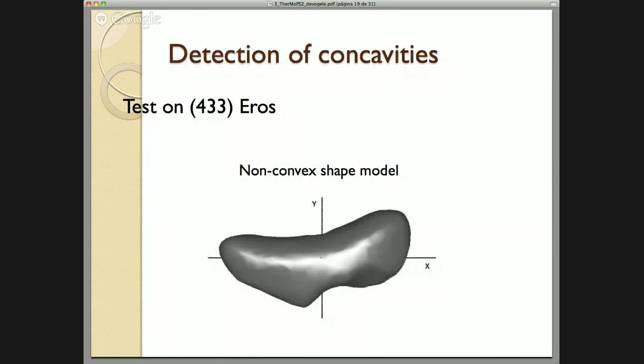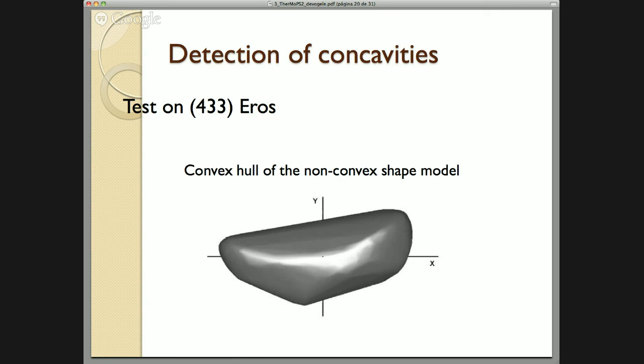So here is an example of the application of this method. We tested on the shape of 433 Eros, which is well known by spacecraft observations. So you have here the non-convex shape model, and you can see clearly here the concavities. We computed the convex hull of this shape model, and you can see here the flat surfaces induced by the computation of the convex hull.